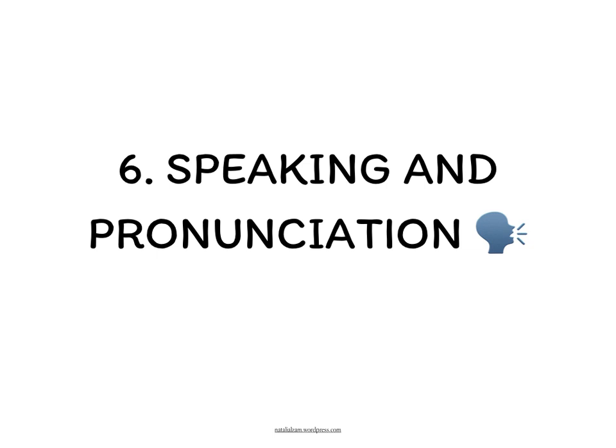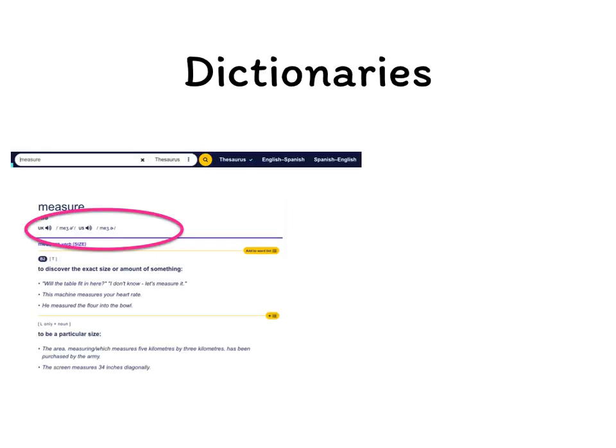Let's move on now to speaking and pronunciation. Again, I've mentioned dictionaries and how useful it is that you can listen to the word being pronounced when you look it up in the dictionary. That's excellent. And you have British versions, American versions, for example, here in the Cambridge Dictionary; the Oxford Dictionary does the same.